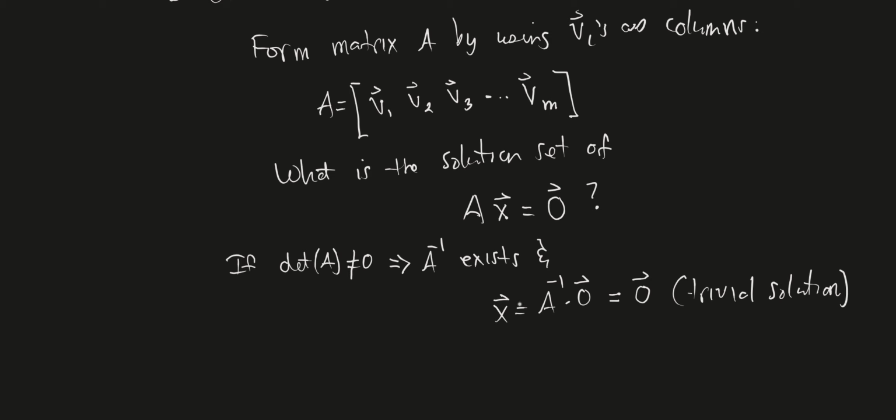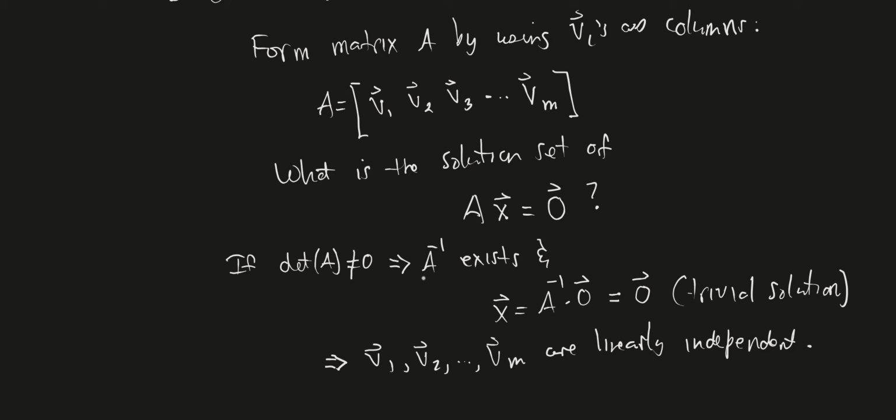So since we have only the trivial solution, this implies that v1, v2, ..., vm are linearly independent. Right?